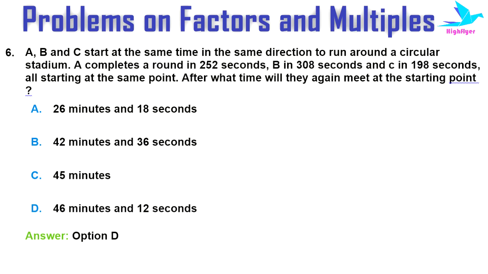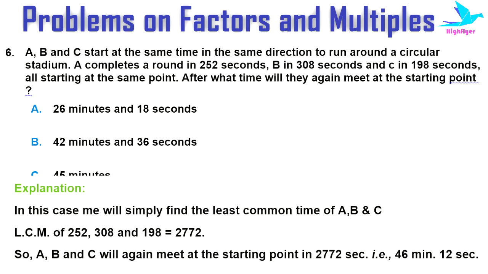Let's go to the explanation and see how. In this case, the logic is very simple. We just have to find the least common time of A, B and C. Now putting all the times of completing a round and finding the LCM, we get a value of 2772 seconds.